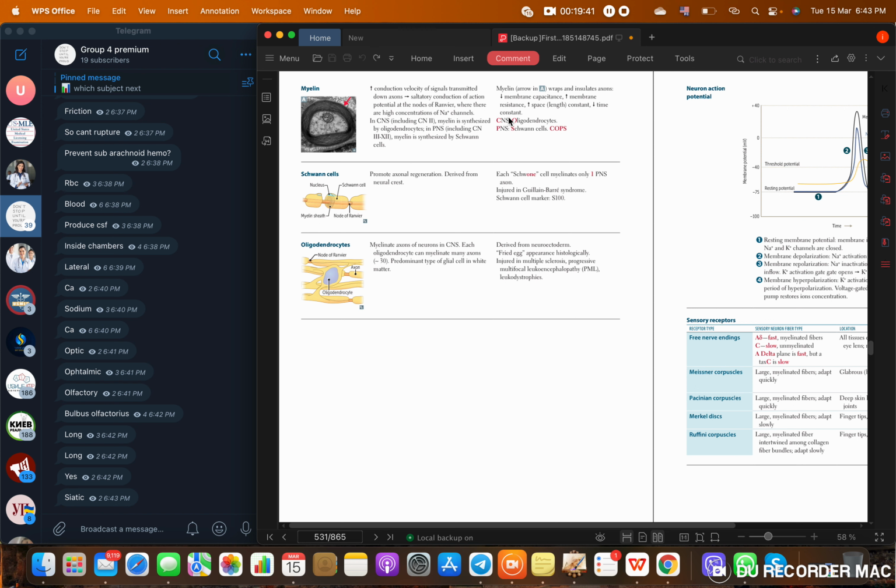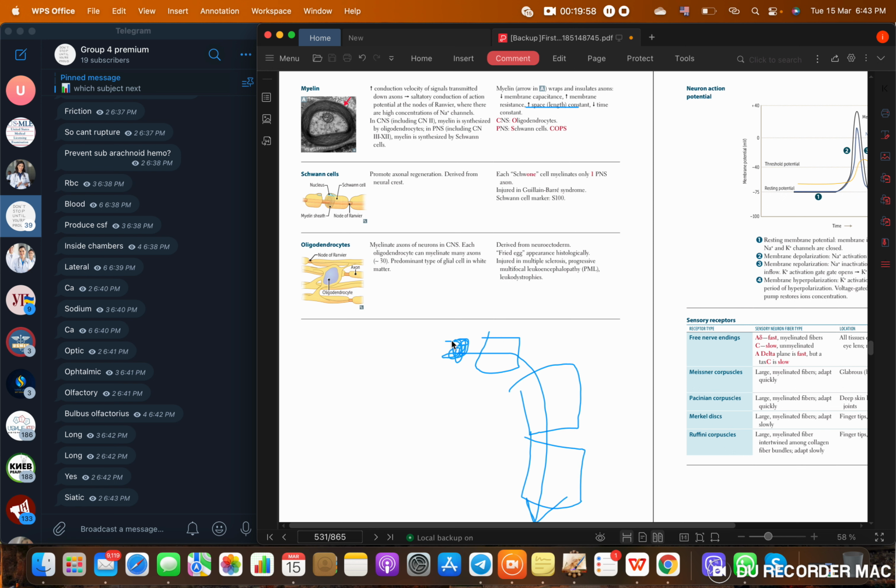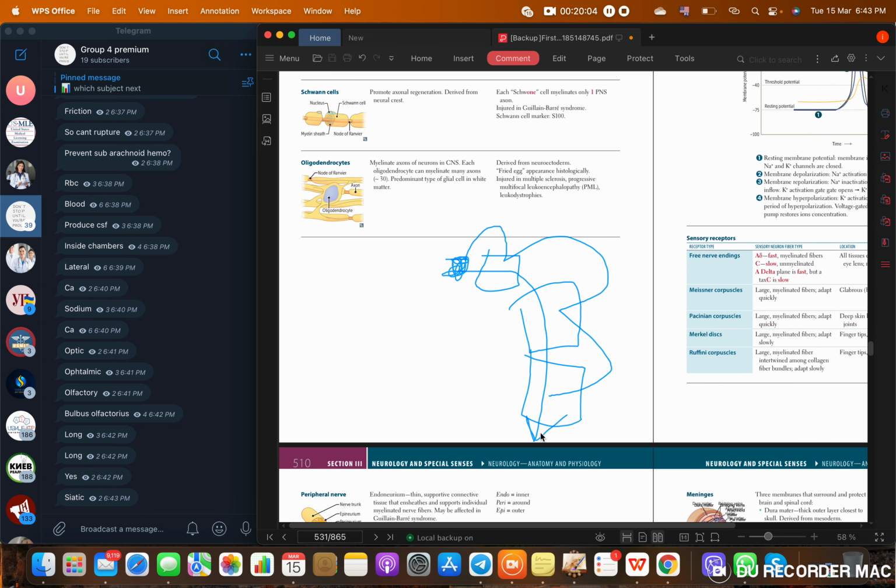So because it's really long, you need for the signal to come from the back all the way until the end. Myelin facilitates that. What does it mean? Increases space length constant, which means that it eases up the movement from larger distances between the body and basically the effector muscle.